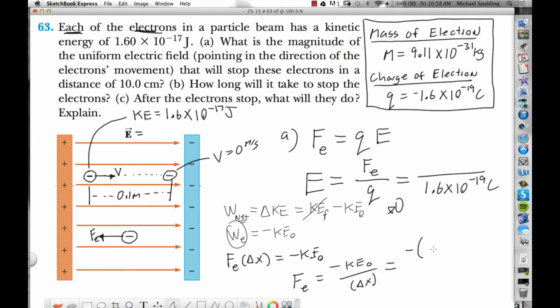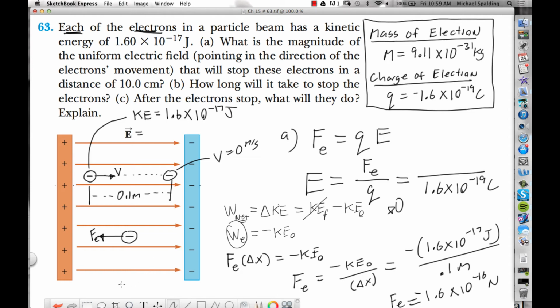So negative kinetic initial was 1.6 times 10 to the negative 17 joules. The delta x is 0.1 meters. So this gives us a force equal to 1.6 times 10 to the negative 16 newtons. Okay, now why does it make sense that this comes out negative?